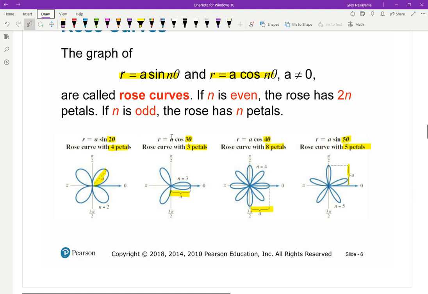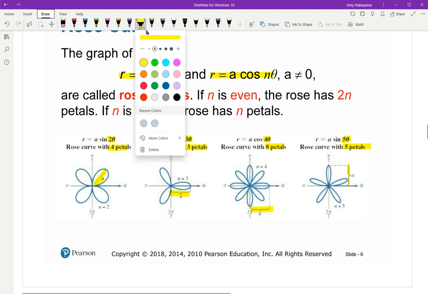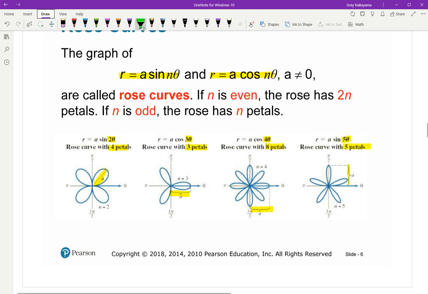So if you look at those equations, take a second, pause, because if you can remember this now, life's going to be a lot easier. Pick it back up. What makes the difference in where the petal starts is the trig function. So if it's cosine, then it starts on the x-axis. If it is sine, it starts off of the x-axis and in the quadrant. And again, I can talk to you more about where it is, but I don't think you have to know that right now.